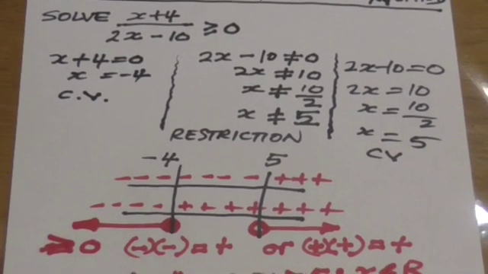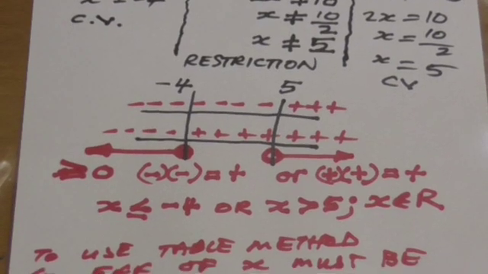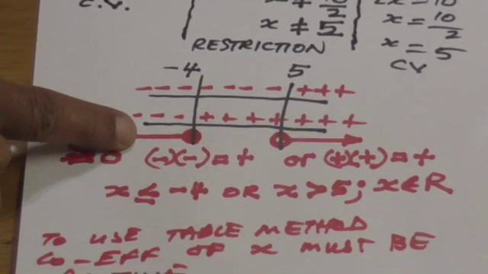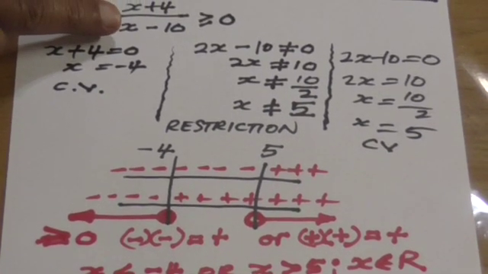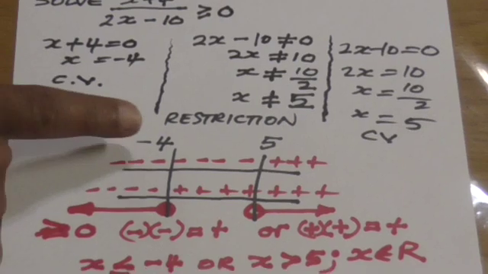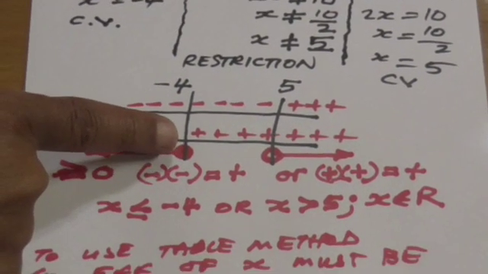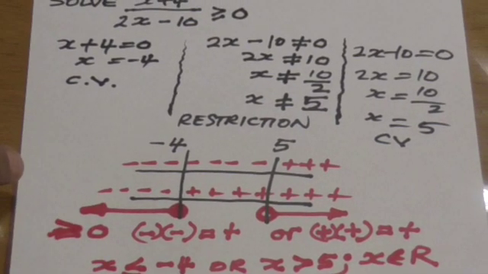X is less than or equal to negative 4. And now, as a student, what you must do, you must take answers. For example, you must take negative 4, substitute it here, and see if it becomes true. You take a number. You can take negative 4, or you can take negative 5 or negative 6, any number on this side.